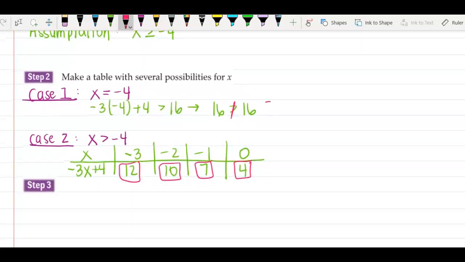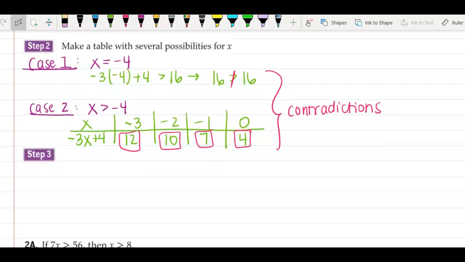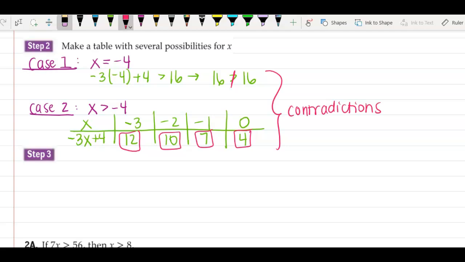So both of these are contradictions, because whatever values we plugged in did not get us to greater than 16. Our final step is to make a conclusion.